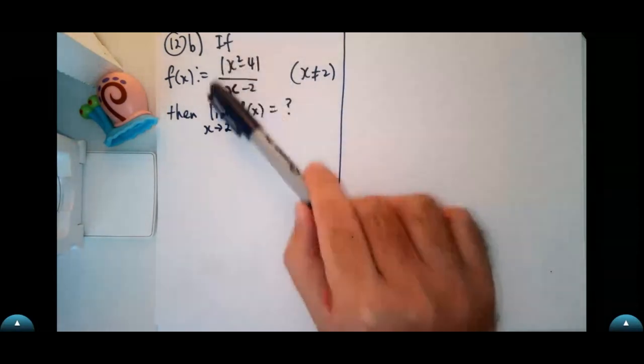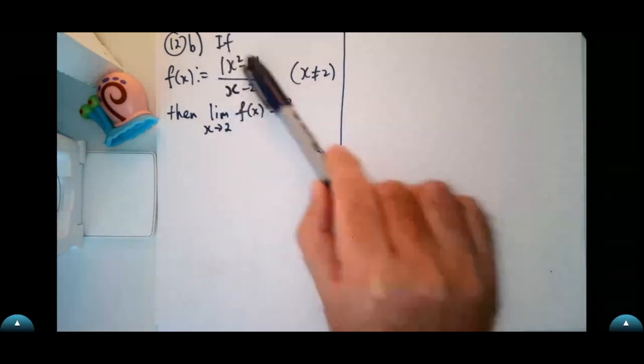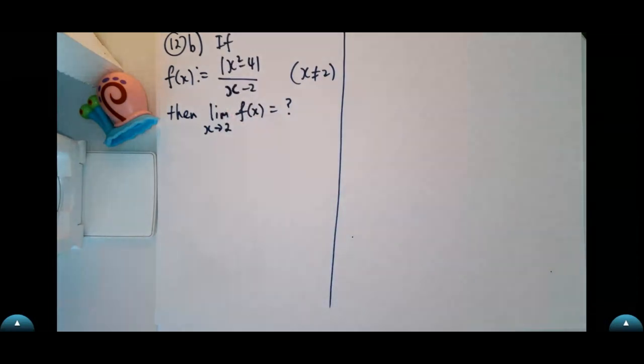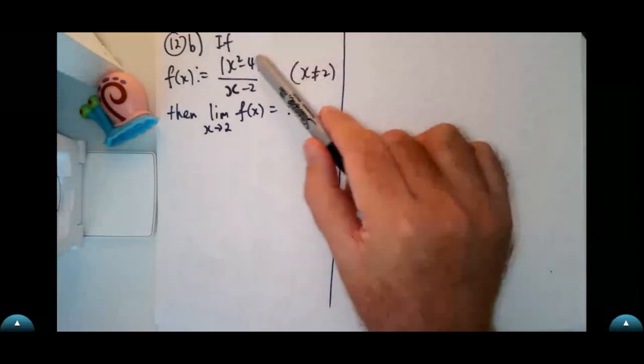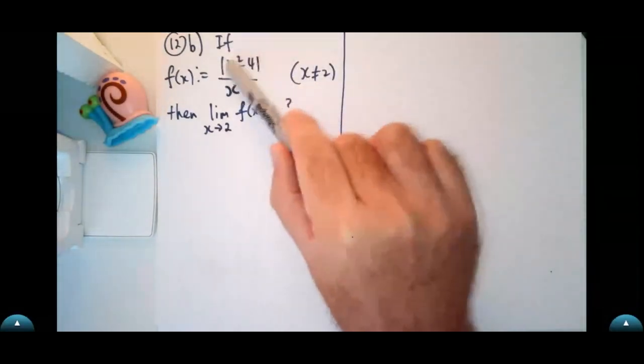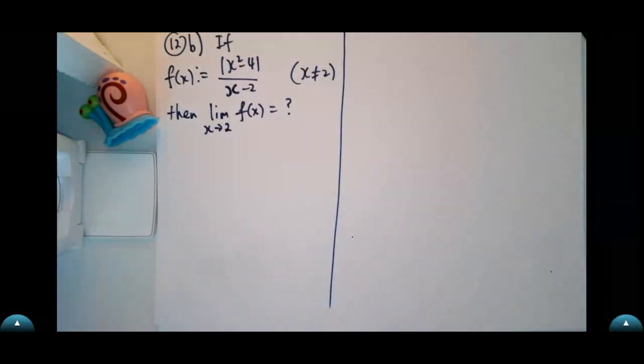Okay, so one technique here is to simplify the function as much as possible. Okay, and we'll do that by breaking up this absolute value sign.